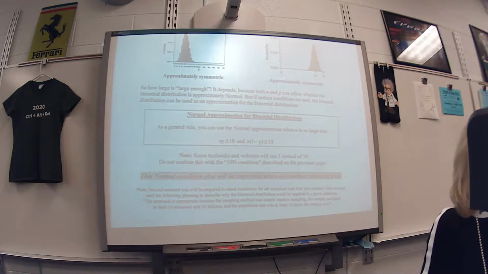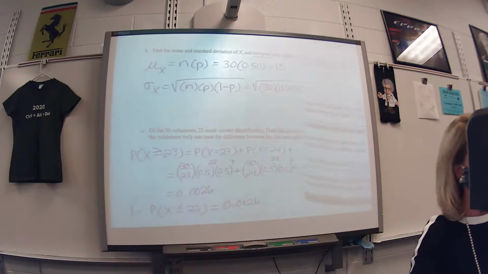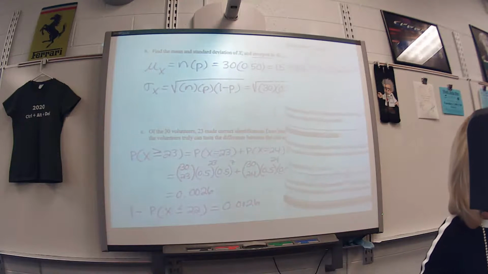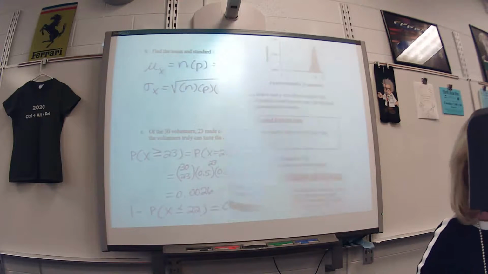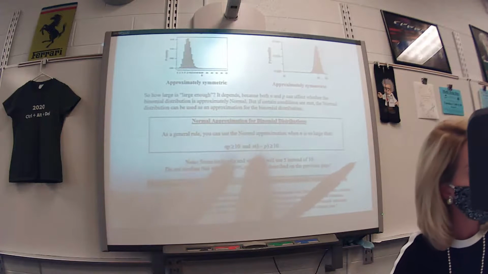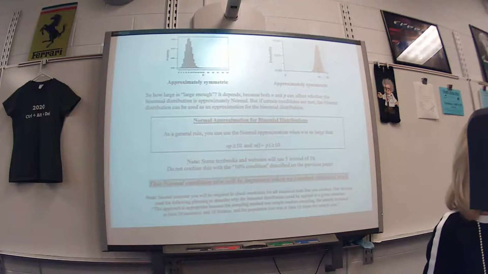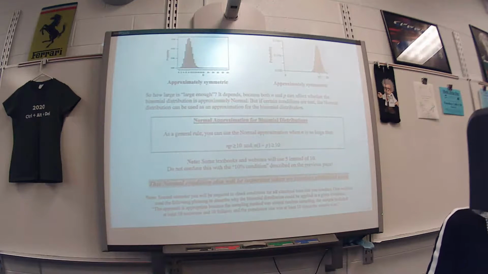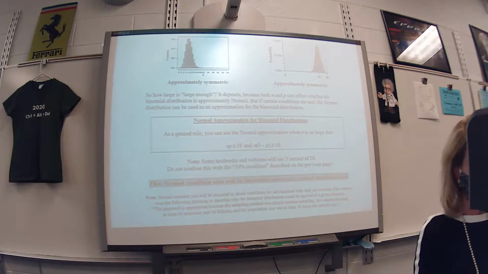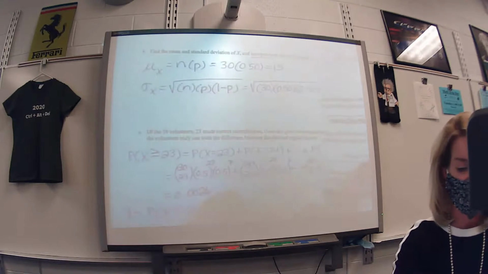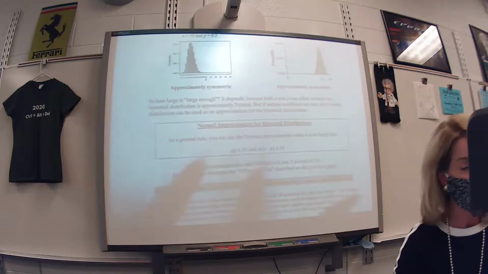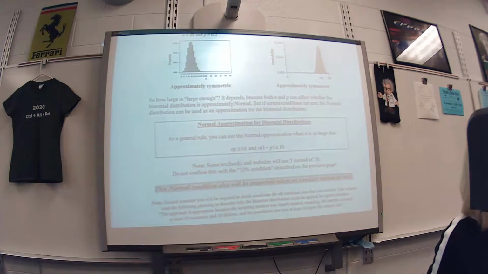So there are two conditions. There's the 10% condition, which checks for independence, and there's the normal condition that checks to see whether you can use z-scores. You need to know this and this, and you need to know which is used for which.